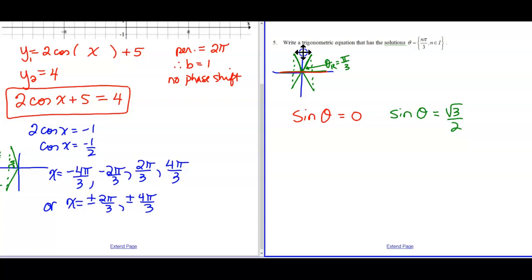And then, let me do purple. And this one and this one, that's going to be sine of 4 pi over 3. That's going to give me negative root 3 over 2.